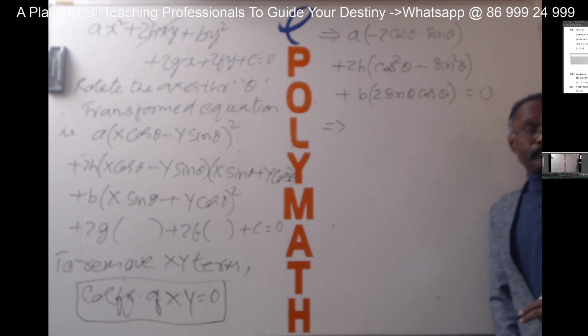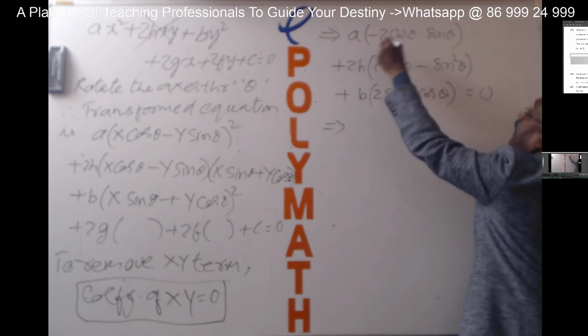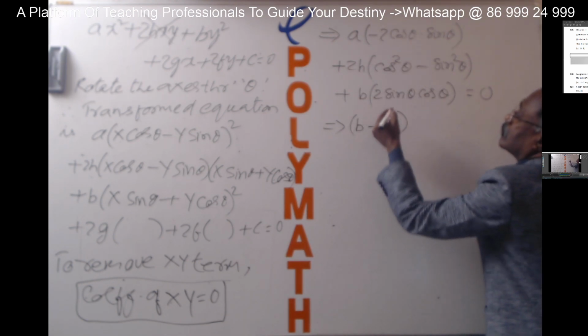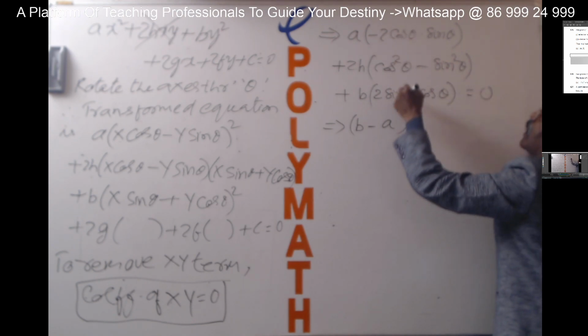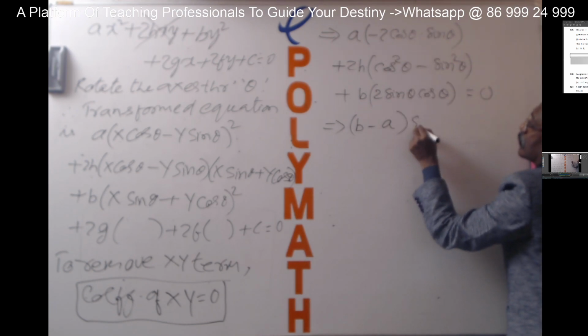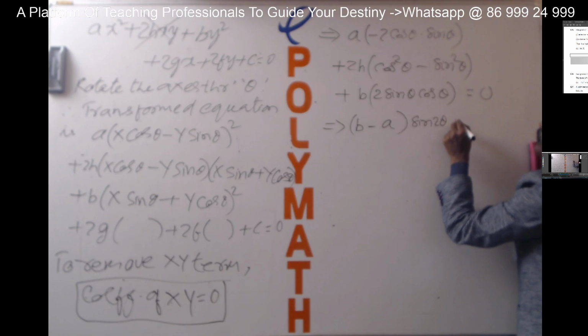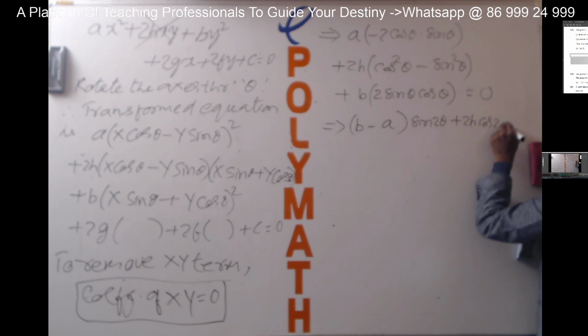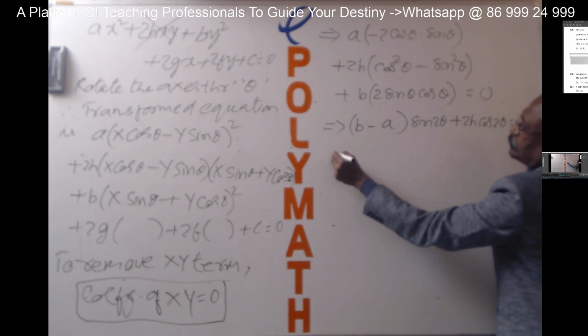That's it, please. So take b minus a, making it as sin 2 theta, and this is 2h cos 2 theta equal to 0.